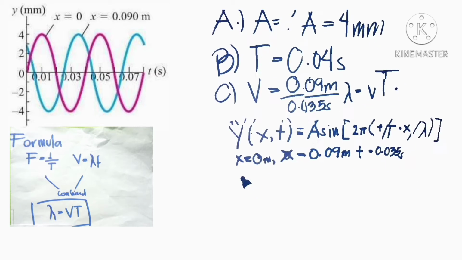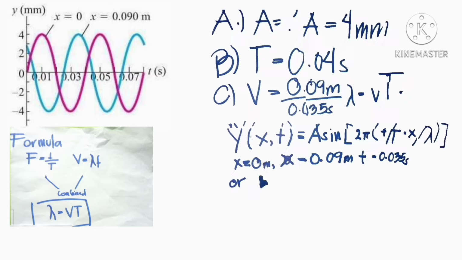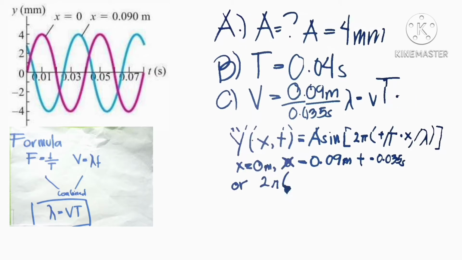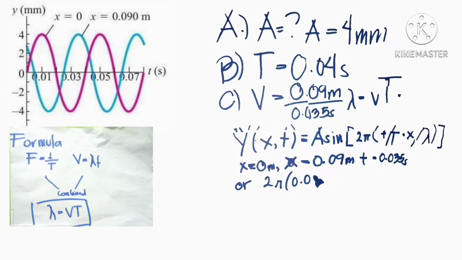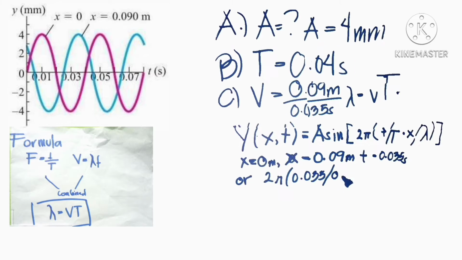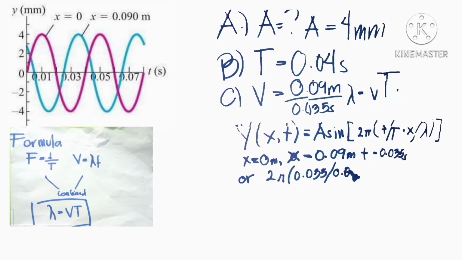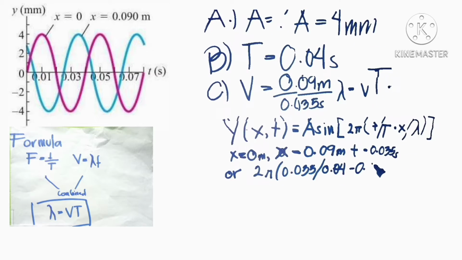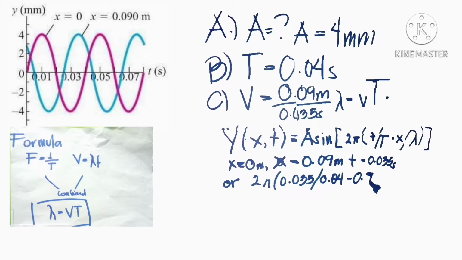So let us solve now. This is 2 pi times 0.035 divided by 0.04 minus 0.09.